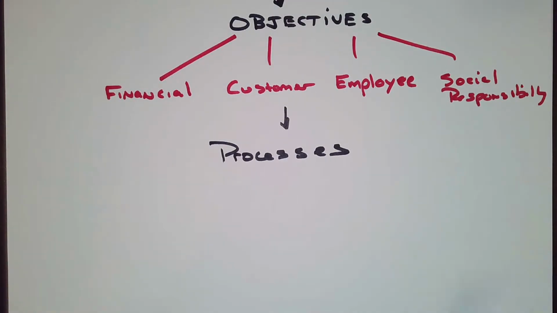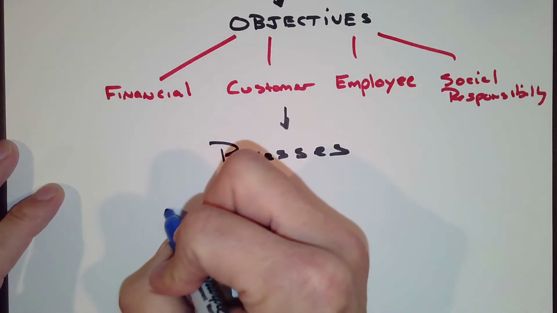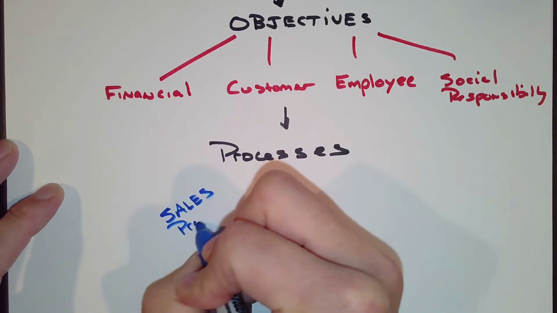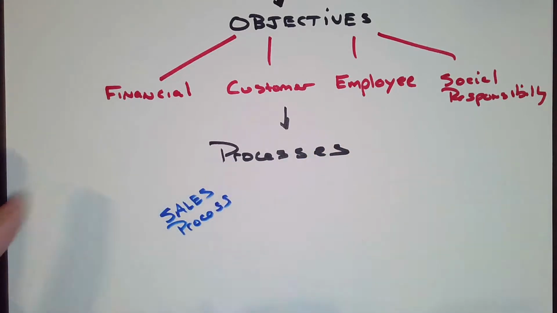So, for example, if we're trying to understand how our customers get the product, we probably need a sales process. And within this, you might also say, we probably also have a marketing team, advertising, all of those kinds of additional things you might also see in the sales process.